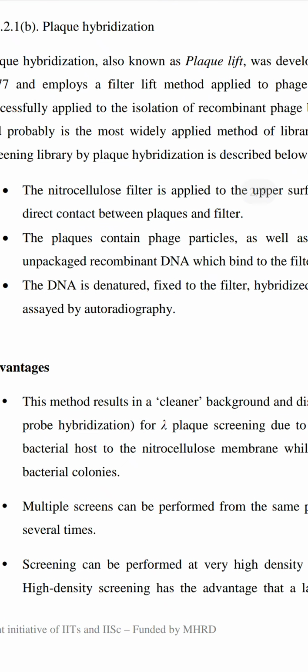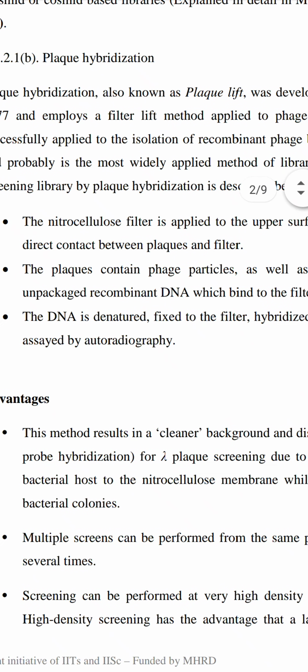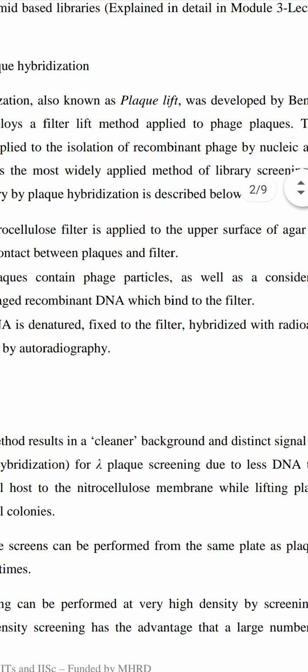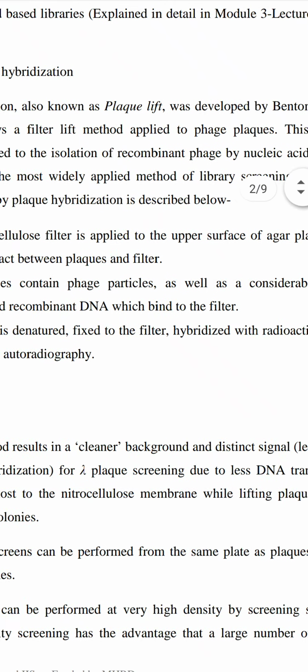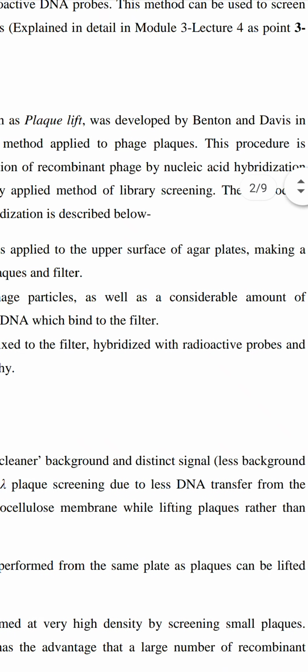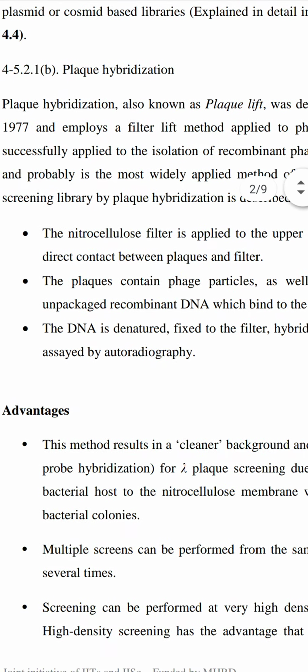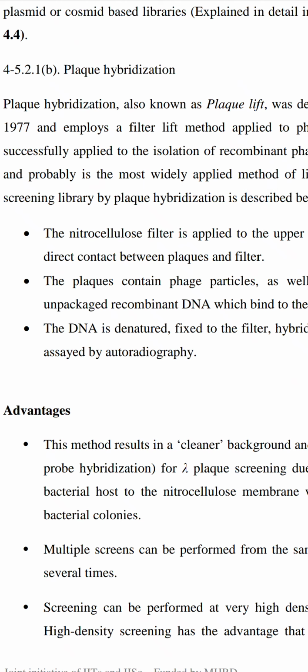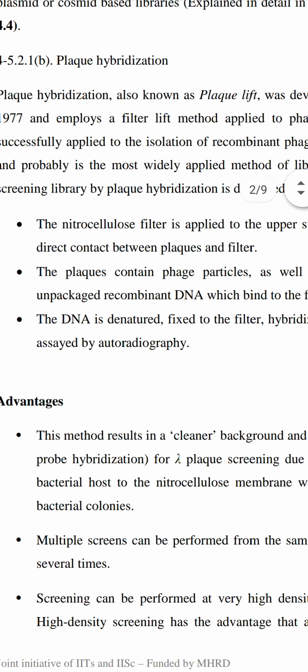The nitrocellulose filter is applied to the upper surface of your agar plate, making a direct contact between the plaques and the filter. The plaques have already been made. The colonies have already been treated with the bacteriophage as a vector.